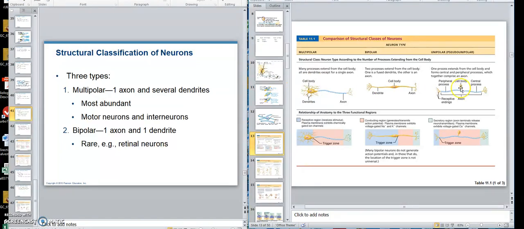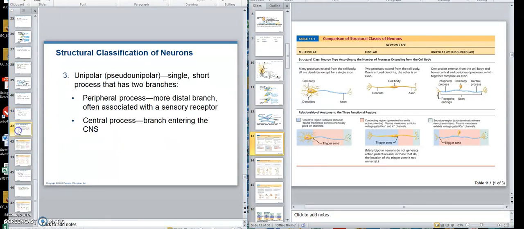Then this here also, well, actually, both of these are about equal almost, would be what we call the unipolar type. The unipolar type, or some will call the pseudo-unipolar, is basically where it almost started out like this, and the two ends swung around and met. But here's the receptive end.